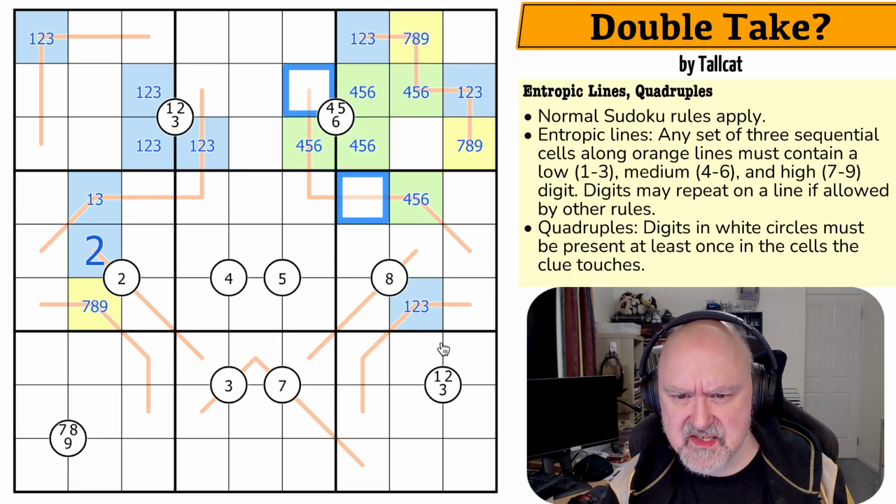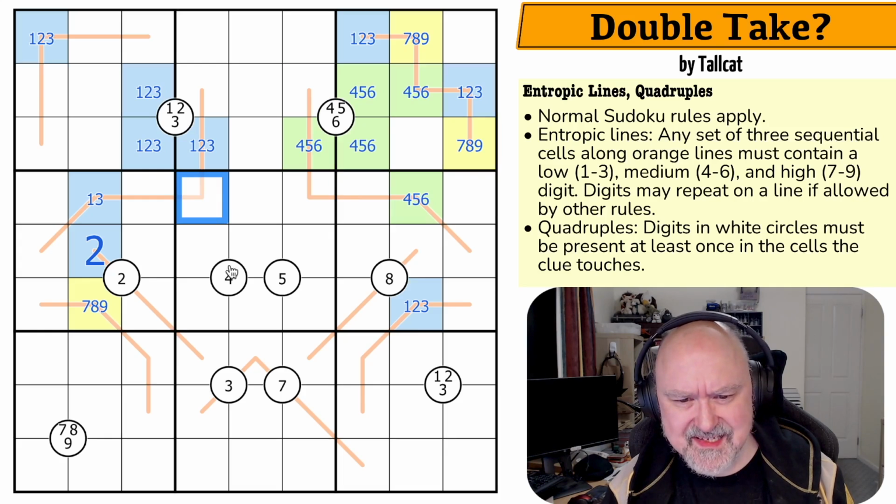That and that are the same. Cannot be medium, but I already knew that. If that's medium, it's 6, because it can't be 4 or 5. Can that be a 6?